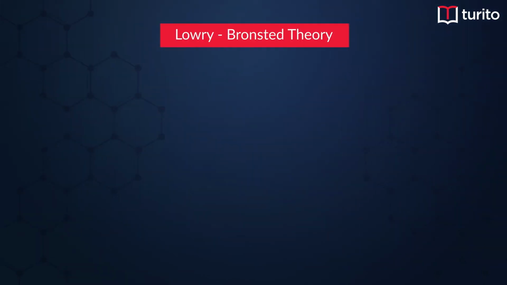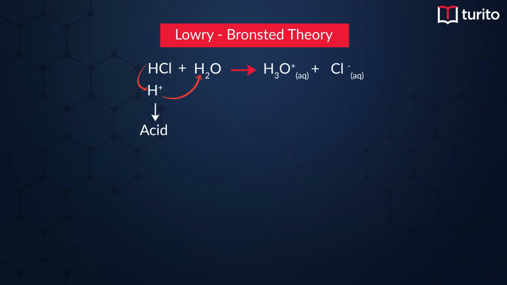If I am talking about, say, HCl, when it is dissolved in water, it will release H plus. That means it is an acid. This H plus will then be acquired by water, forming H3O plus, that means hydronium ion. That means over here water is acting as base.